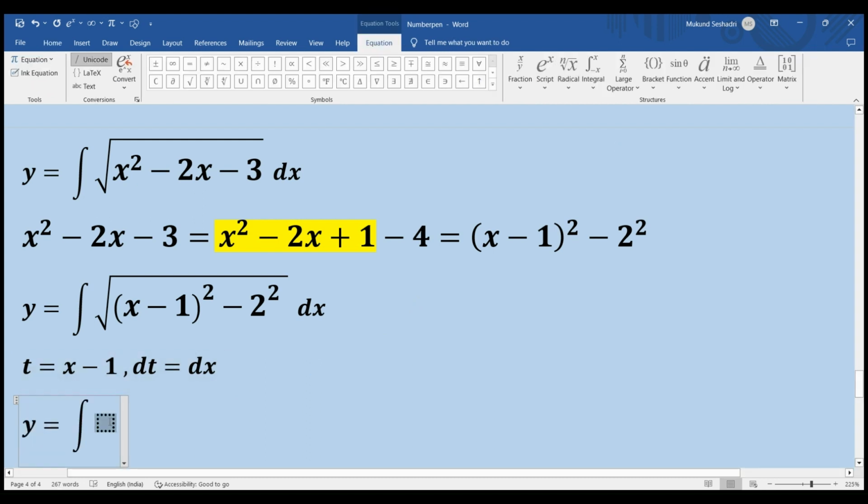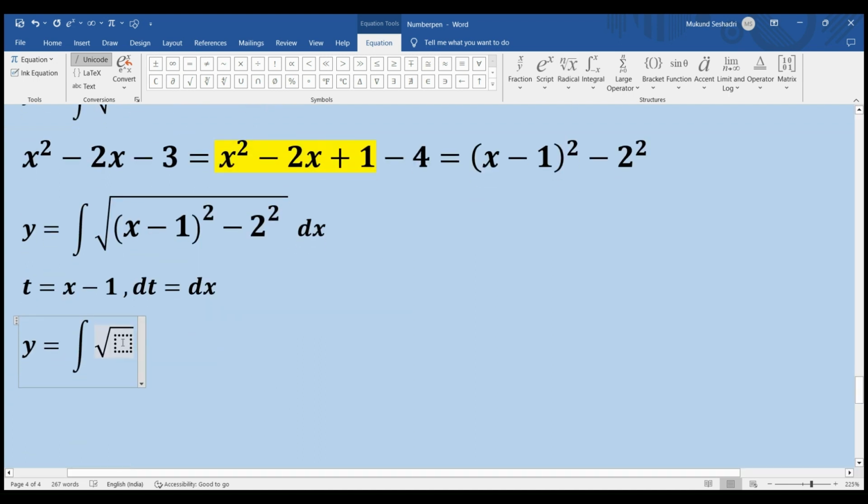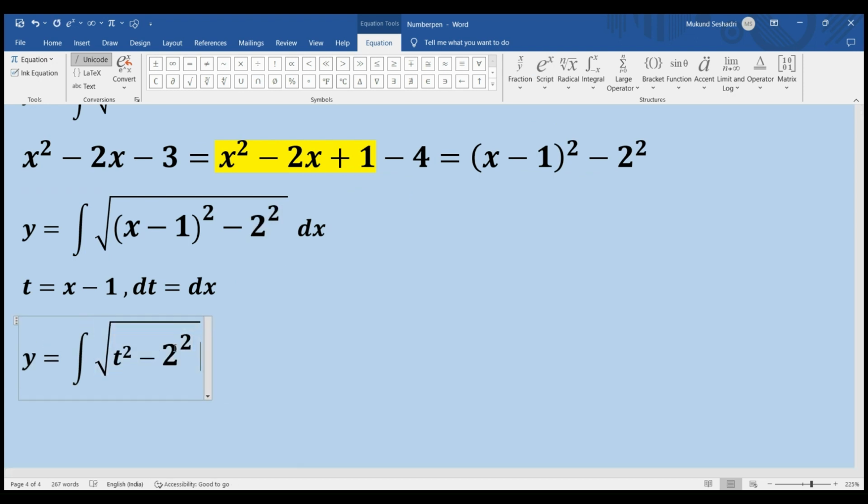And what happens now is I try and put back everything in terms of t. My y becomes integral of square root of my x minus 1 the whole square is now a t square, and then I have my 2 square as well, right? And then when I come to my dx, I have a dt, right?